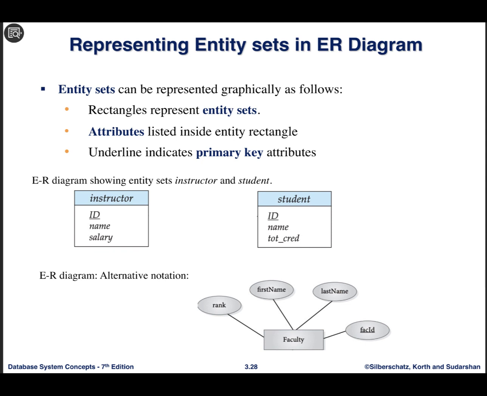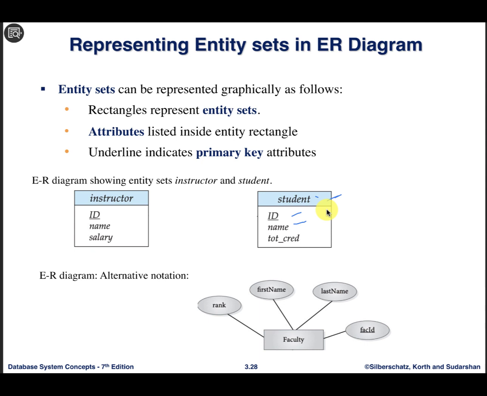So the simple thing, an entity set is represented in the ER diagram by a rectangle. So you're going to use a rectangle in this case, okay? Which is divided into two parts. We have one part at the top with the text shaded blue, which contains the name of the entity set, okay? And the second part of the rectangle is going to contain what? The name of the attributes in the entity set.